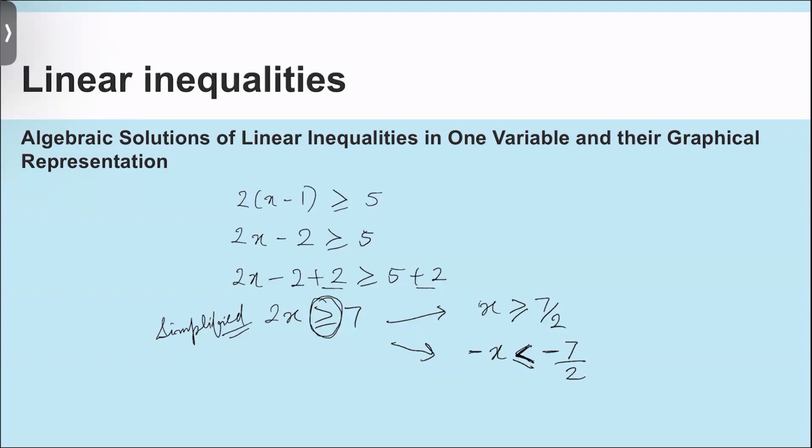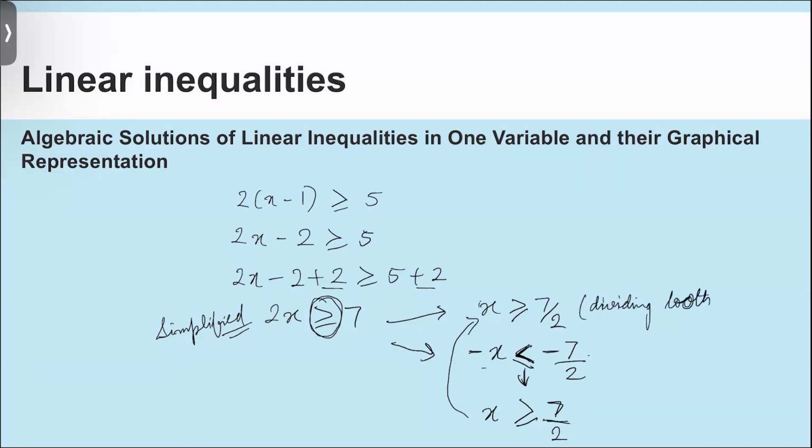If you want to remove the negative sign on both sides, you can again multiply both sides by negative 1. Since we are multiplying with negative 1, the sign reverses again, and this is what we had got by simply dividing both sides by 2.